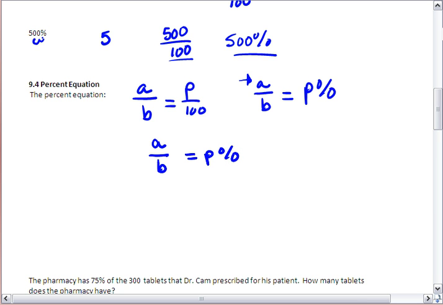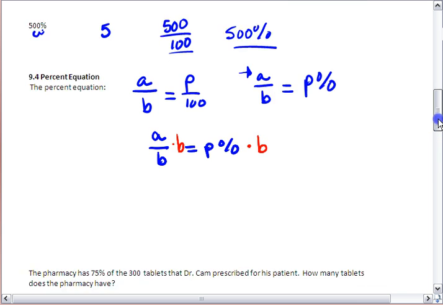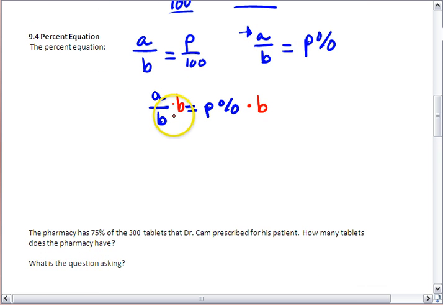I want to get A by itself, so I'm going to multiply both sides of this by B. Remember, I can do this because I'm keeping my equation balanced. These cancel out here because it would be AB over B, which leaves me over here with A over 1, or A. And over here I'm left with P percent times B. This is what we call the percent equation.